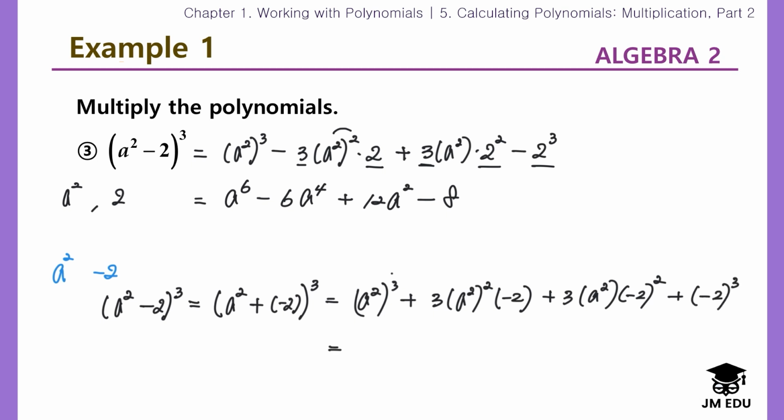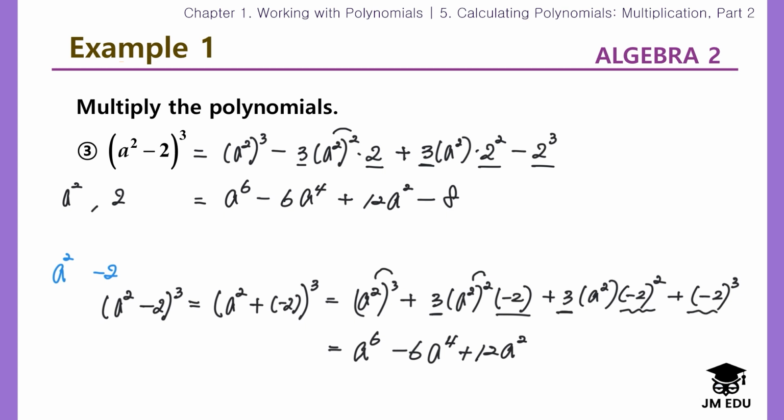So that is equal to a to the power of 6. Here, 3 times -2, that's -6, a to the power of 4. Here, 3 times -2 square. -2 times -2, that's a positive 4. So 4 times 3, that's a positive 12, a square.